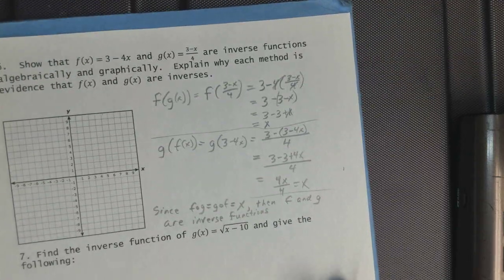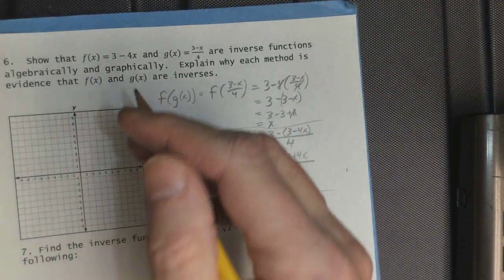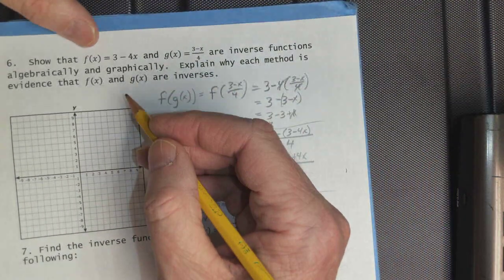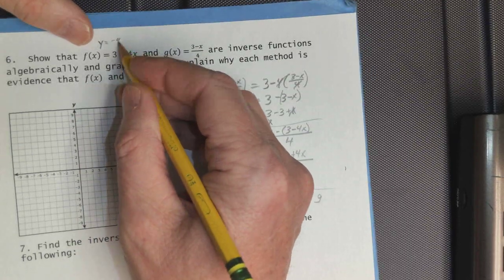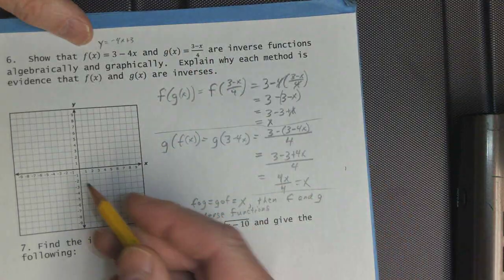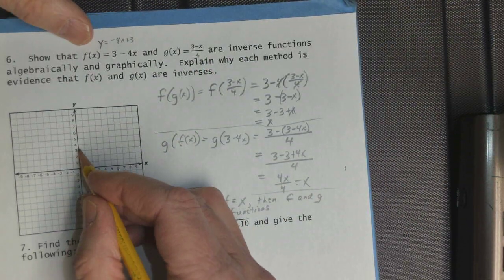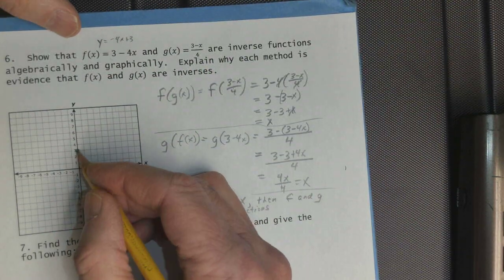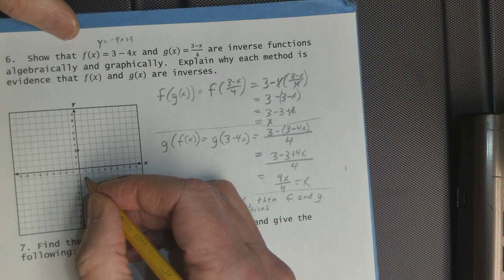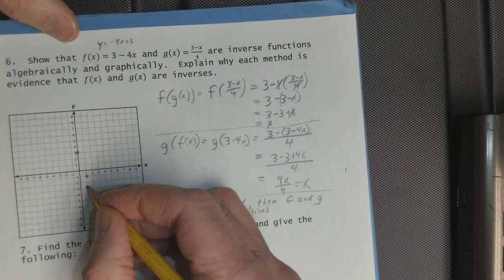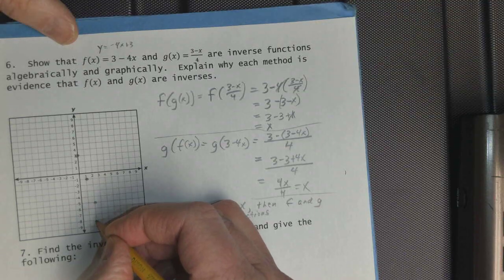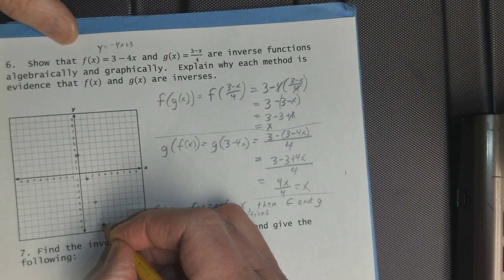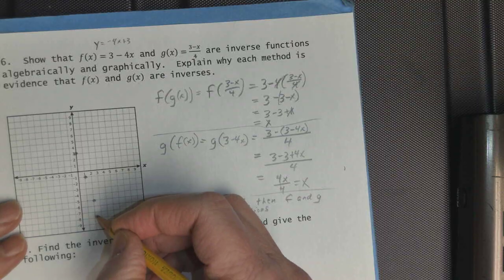Okay, graphically, I'm going to graph y equals negative 4x plus 3, just thinking of it that way. Here's 3, negative 4, down 4 over 1. I'll make a decent graph here.